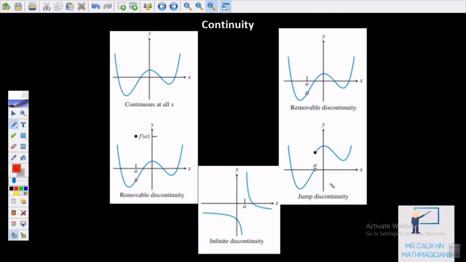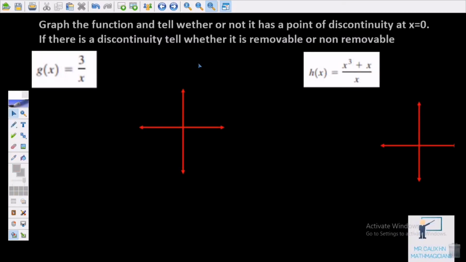There is a jump in the function, the values that make the gap impossible to plug with a single point. And the last one says that this is a function with an infinite discontinuity at x equals a. This one is definitely not removable. Okay, now we're going to continue with the next type of exercise.